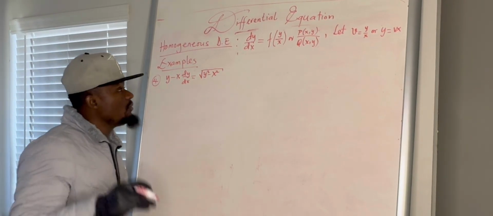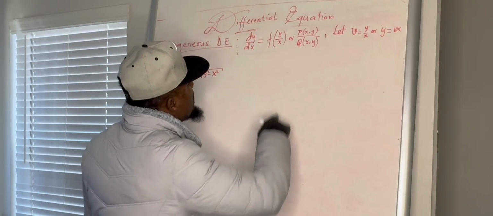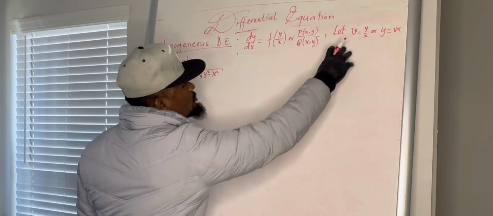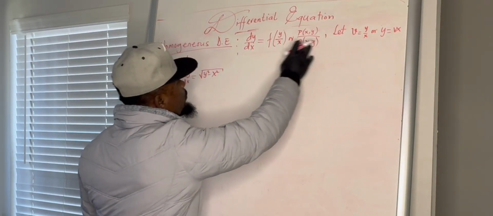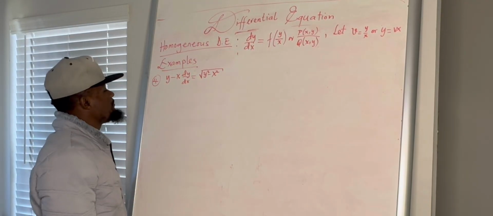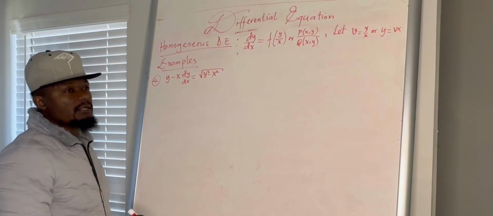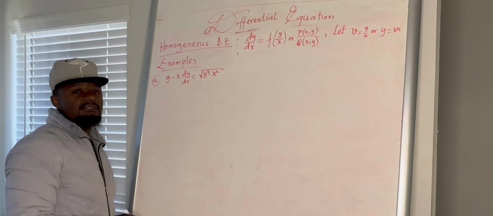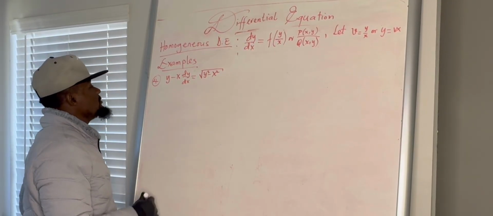In that case, we simplify the solution by defining y over x to be v, and then we solve for dy by dx. Now let's apply that here and see how we can resolve this differential equation.